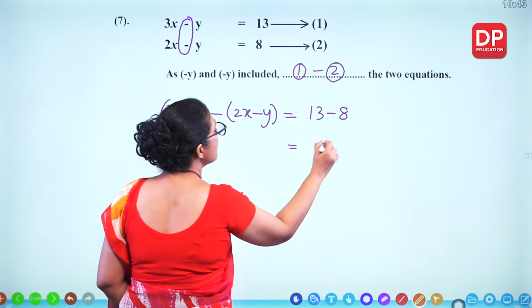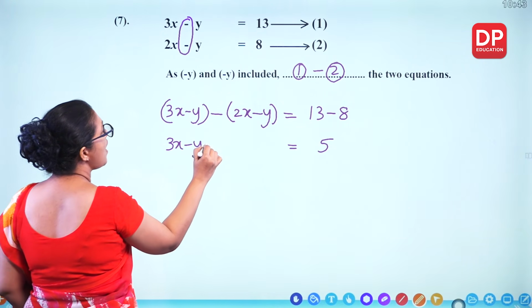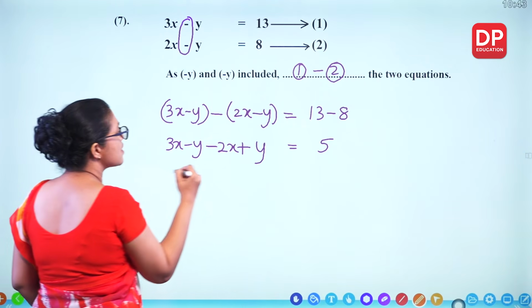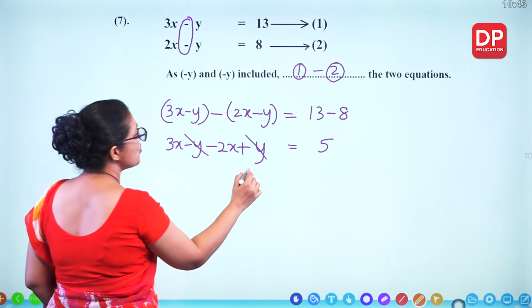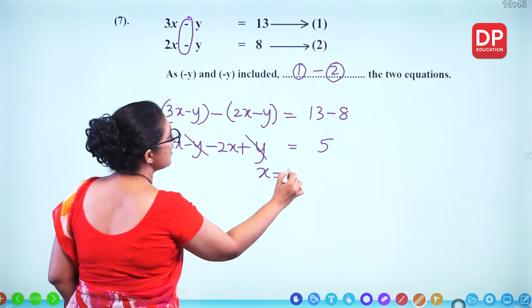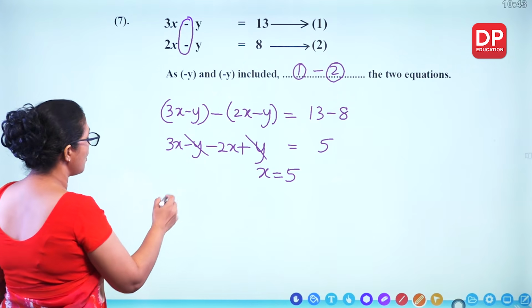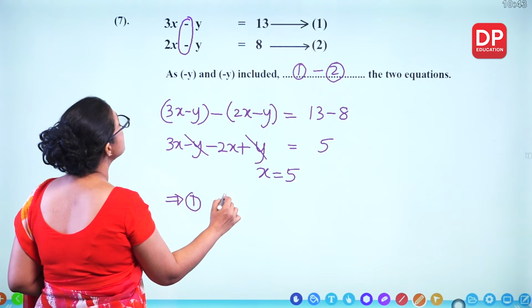You get 5. Expand brackets: 3x minus y minus 2x, minus minus becomes plus y. y gets cancelled out. 3x minus 2x is x. x equals 5.